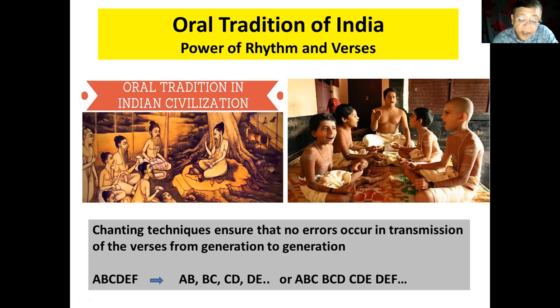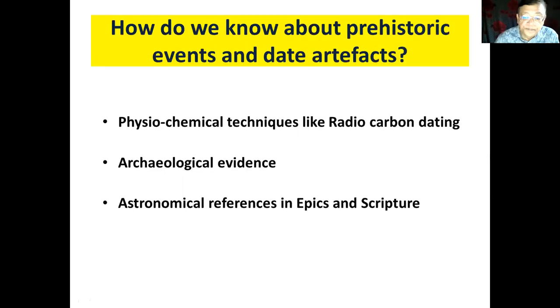That ensured that the knowledge was transmitted even though there was no writing. In fact, the other name of the Vedas, the oldest scriptures in India, is Shrutis. Shrutis means something that you learn by hearing. That is how the knowledge was transmitted.